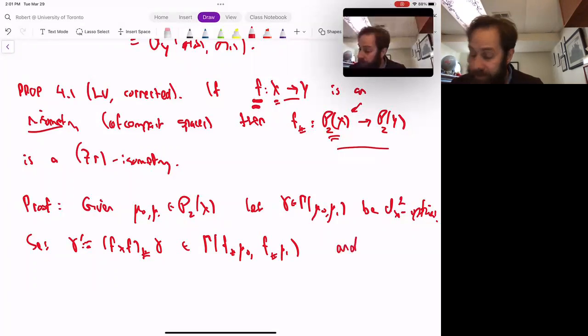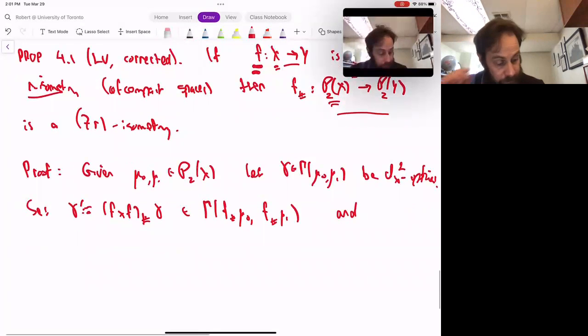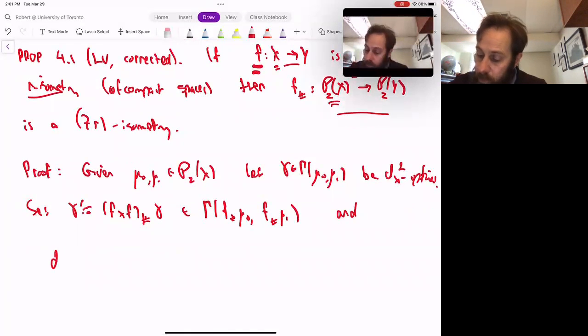And moreover, now I need to estimate the 2-Wasserstein distance in Y of the images of mu naught and mu 1 under F push forward.